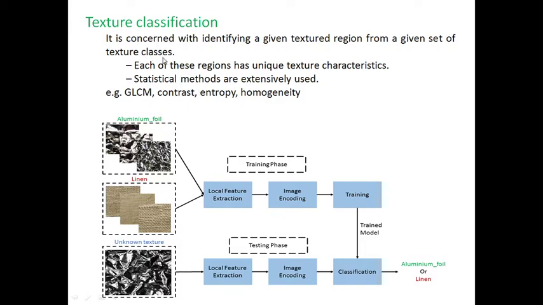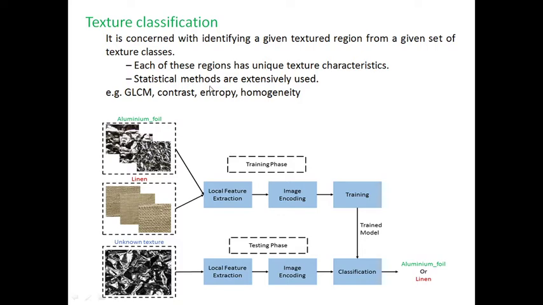Texture classification is concerned with identifying a given textured region from a given set of texture classes. From these classes I can recognize what the given input textured region is, whether it is aluminum foil or linen family.